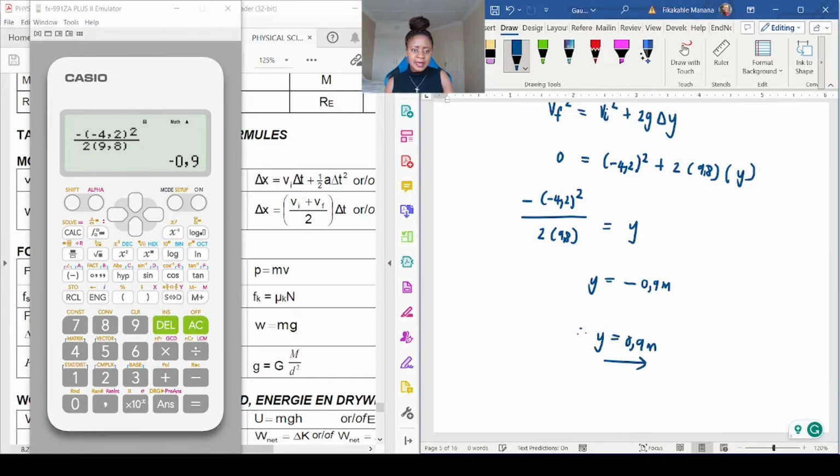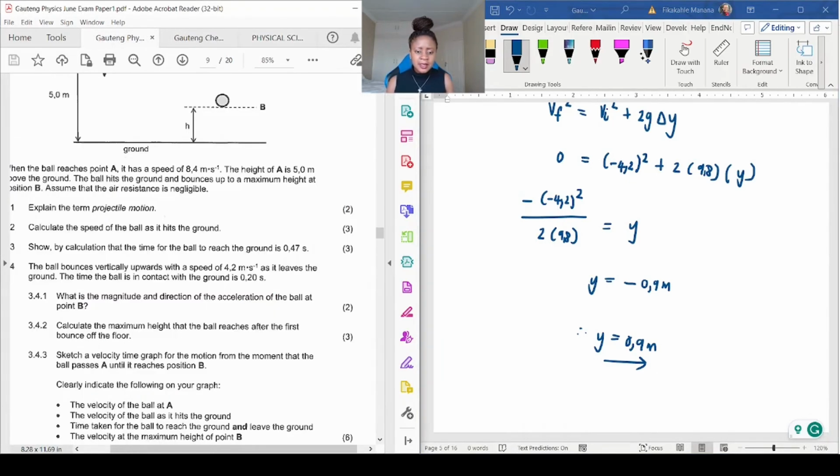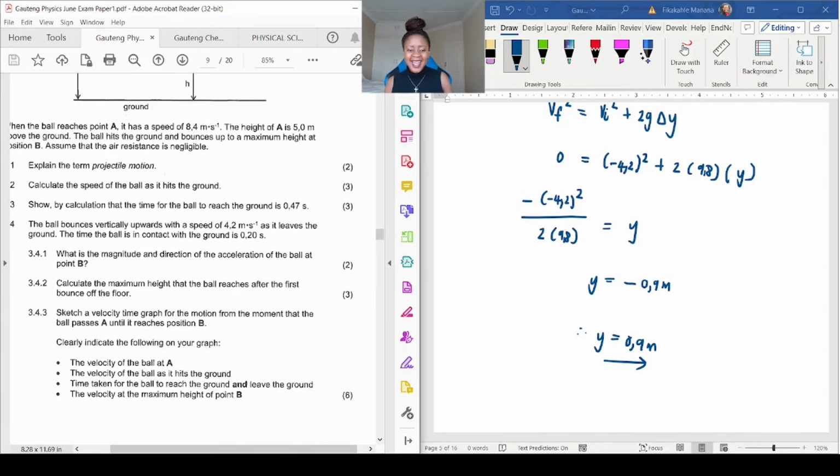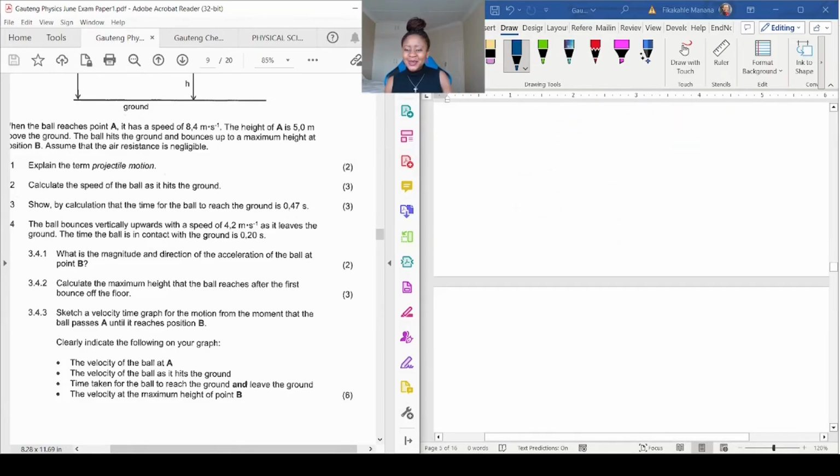That is the height. Let's go back to the question: that is the maximum height that the ball reaches after the first bounce off the floor. Now we are going to 3.4.3, sketching. Yay, or not so yay for some.